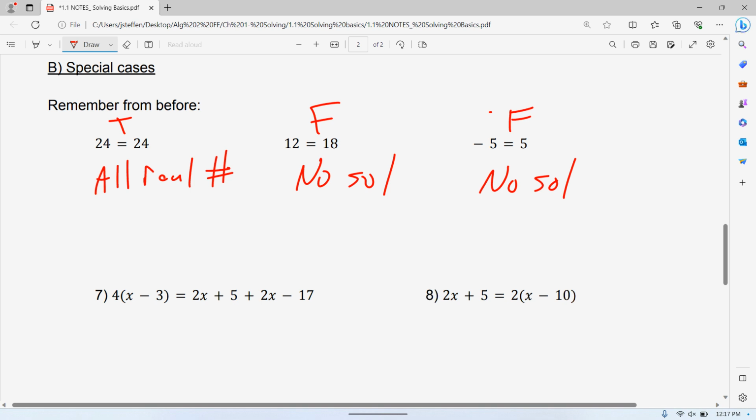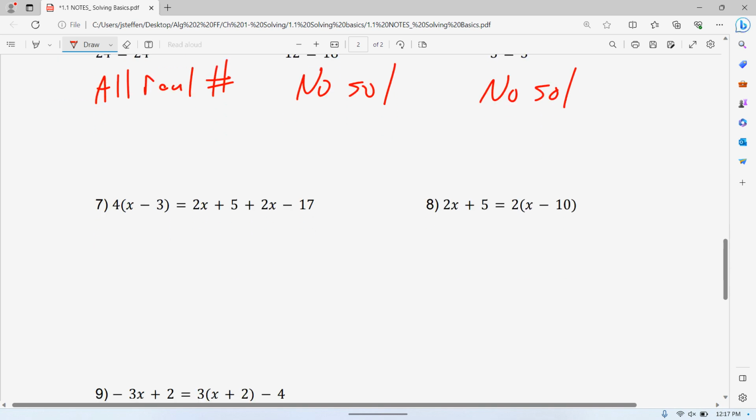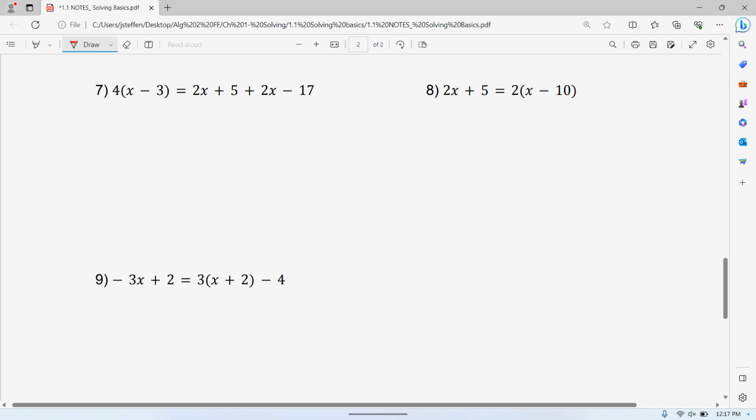Now the next ones, we've done solving problems, but we haven't had any solving ones that end up like this. So, number 7, I'm going to try to do that one.